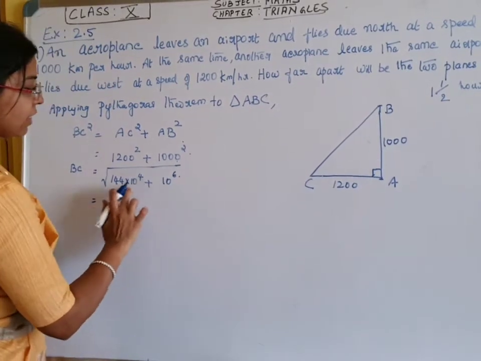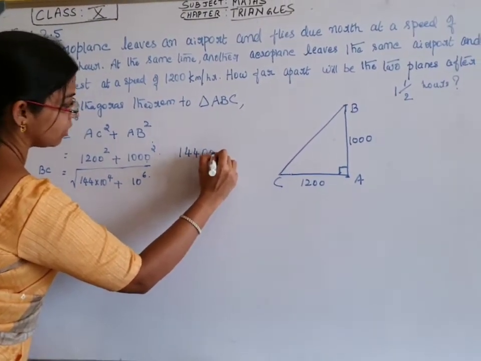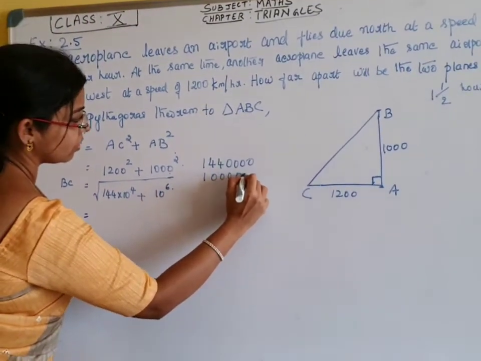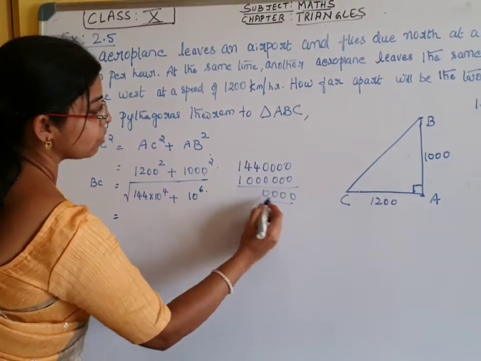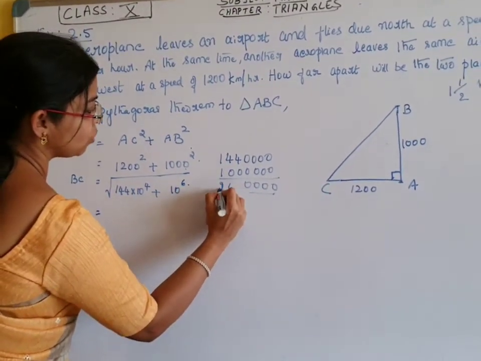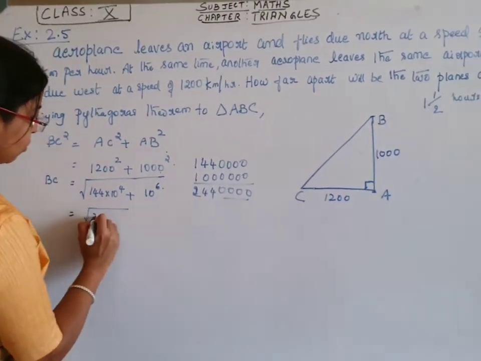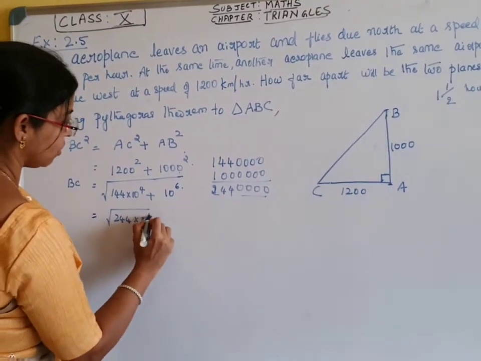So when we add these two, what happens? It gives you 4 zeros with 244. We can write it as 244 into 10 to the power of 4.